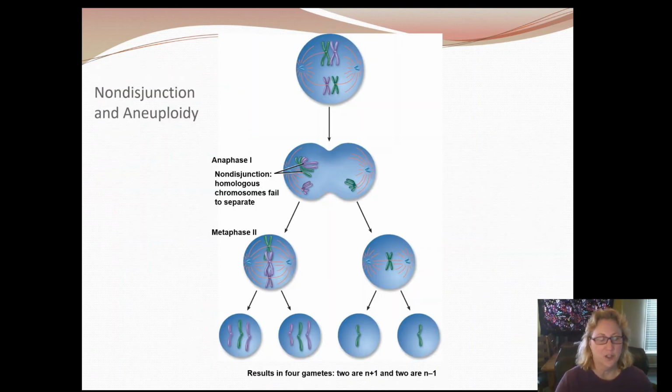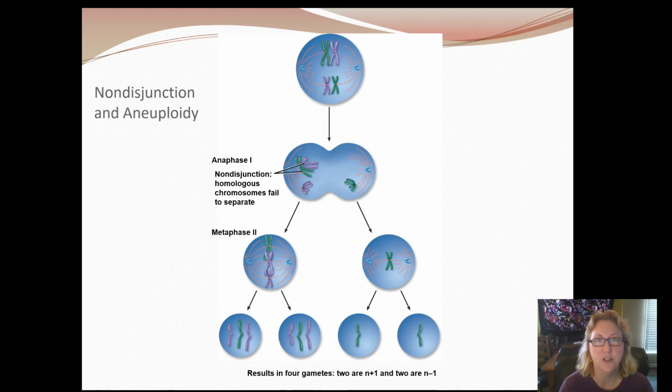Okay, non-disjunction is another one of those old-fashioned words that's kind of gotten locked in. They used to call the separation of the chromosomes or separation of the sister chromatids during mitosis disjunction. We don't really use that word anymore. But when the chromosomes don't separate or the sister chromatids don't separate, we call it non-disjunction.